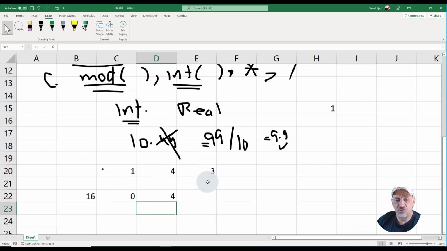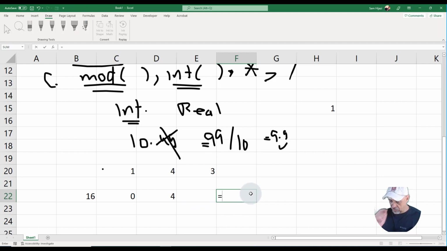One more thing I want to mention about the mod and the integer, which is a long discussion. I'm trying to do my best just to get the understanding going here for you. Multiplication is very common, and division is very common. As a final thought about the mod, if you have a smaller number mod a larger number, the result is always going to be the smaller number.